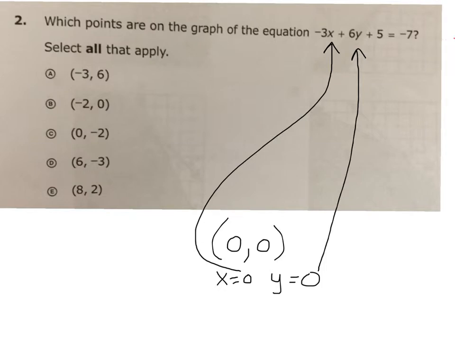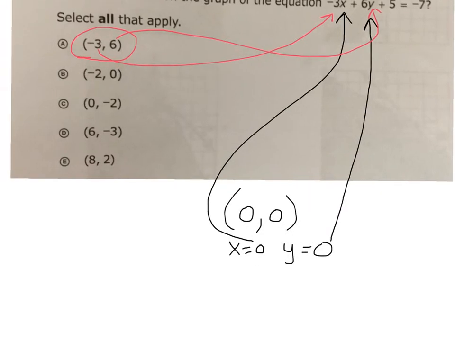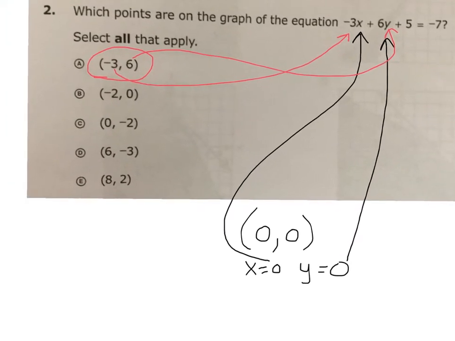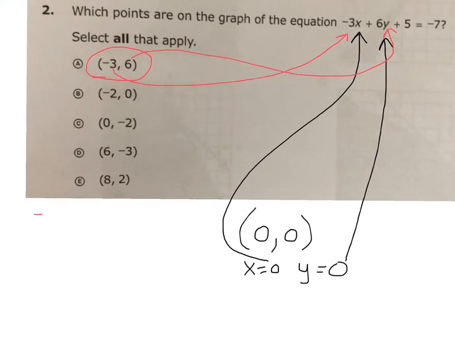So let's plug in the point negative 3, 6 right here. So where am I plugging negative 3? In for x. And where am I plugging 6? In for y. So I've got negative 3 times negative 3 plus 6 times 6 has to equal negative 7.